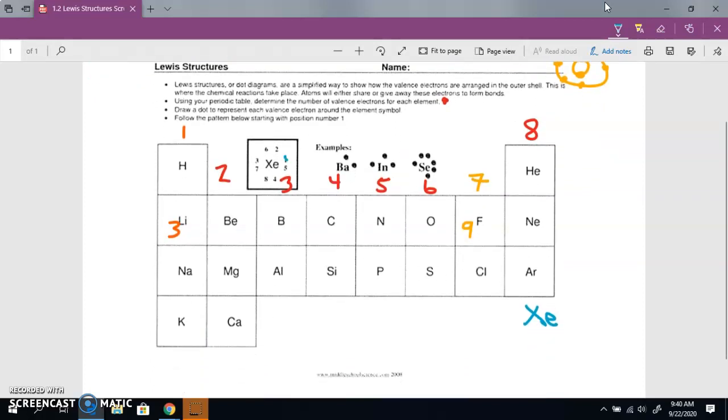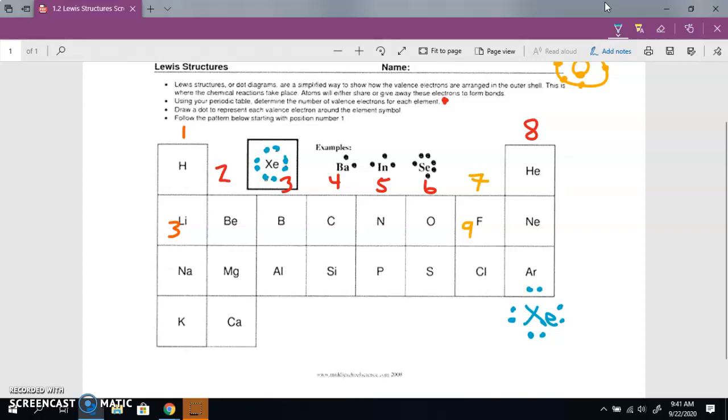We would follow this pattern and listen to the words: single, single, single, single before double, double, double, double. Okay, so we always go singles first, single, single, single, single before double, double, double, double. You can see the 8 valence electrons in xenon. Xenon is in main group 8, so it has 8 valence electrons.